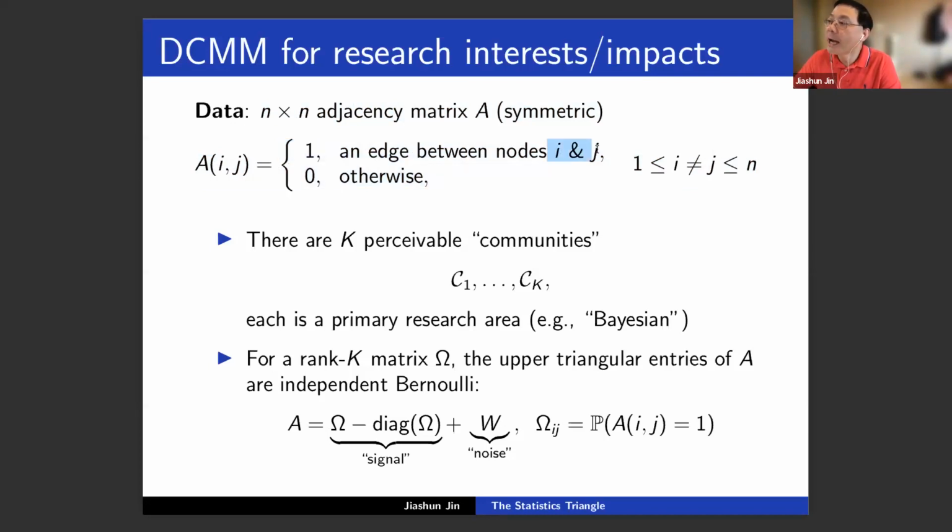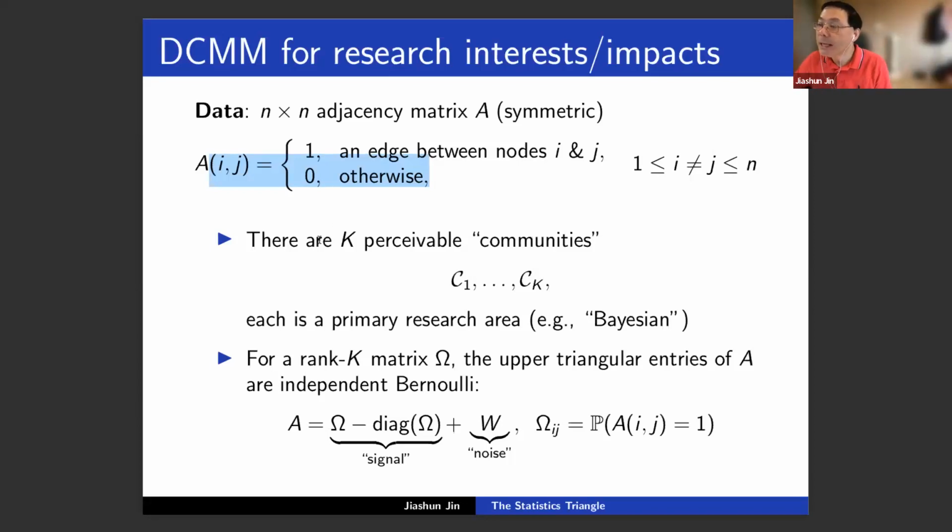If i and j are equal, we always regard it as 0. We do not count self edges, the edge between an author and himself or herself. Therefore, this matrix is first symmetrical, and second, the diagonal entries on the main diagonal are always 0.